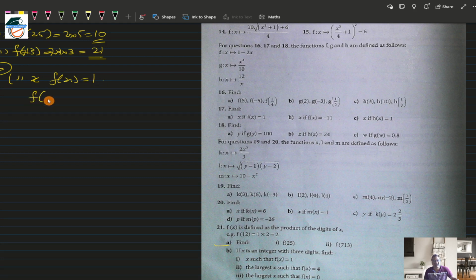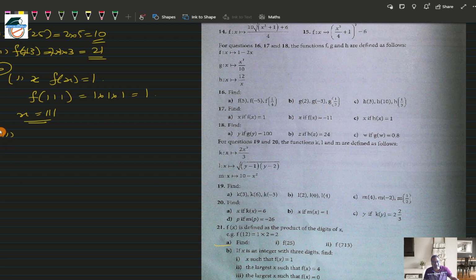So can I write as 1 1 1? This will be 1 into 1 into 1, which is equal to 1. So your x should be equal to 1 1 1. We check the answer, and the answer is yes, 1 1 1 is the answer.